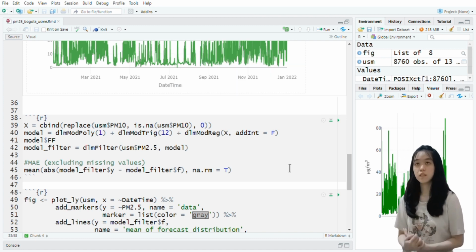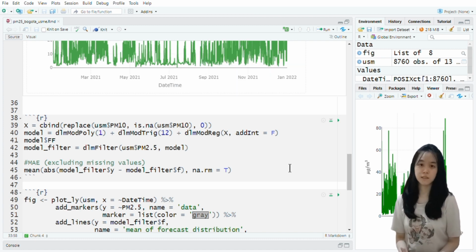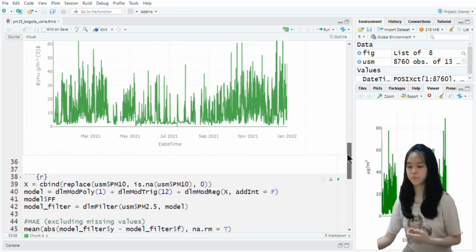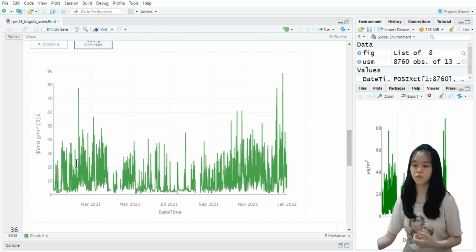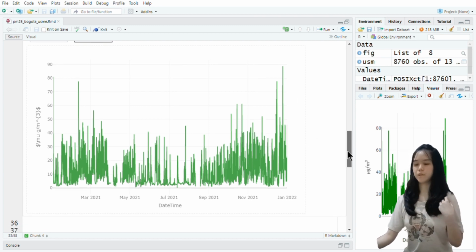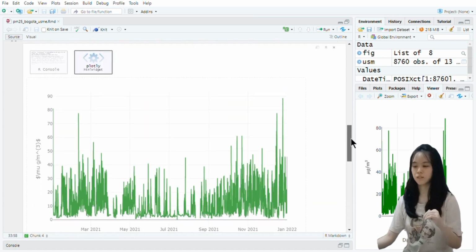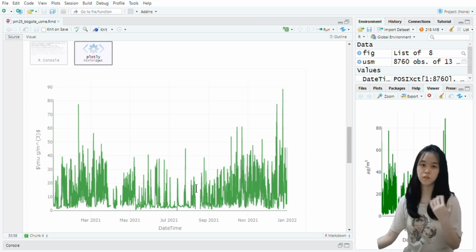Okay, and DLM looks at time series in two hierarchies. The first one is the observational level. So all the values that we see here in our time plot are in the observational level. And the second layer, which lies beneath that, is called the system level.